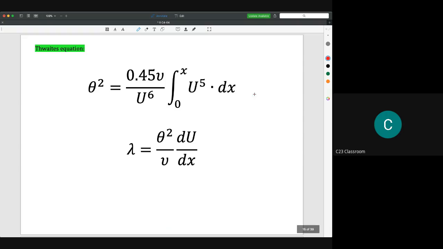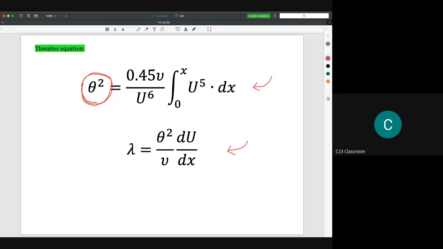So in Thwaites' equation, there are two main equations that you need to understand. First, this is the equation, and then this is the value of lambda. The idea is, first we need to calculate theta squared, or the momentum thickness squared.